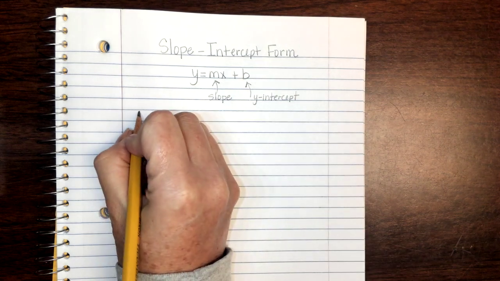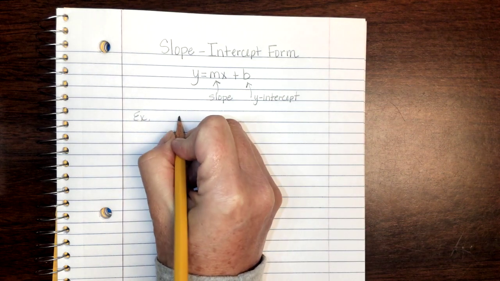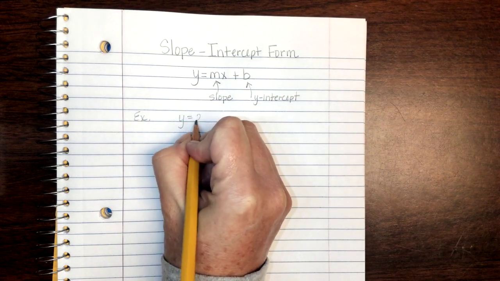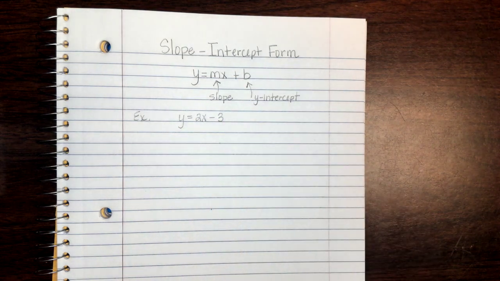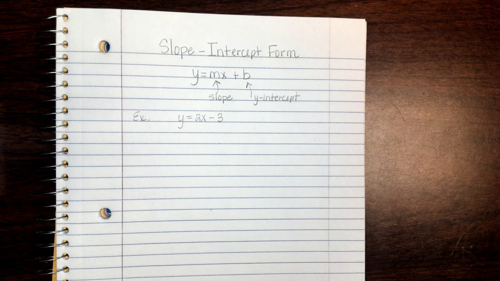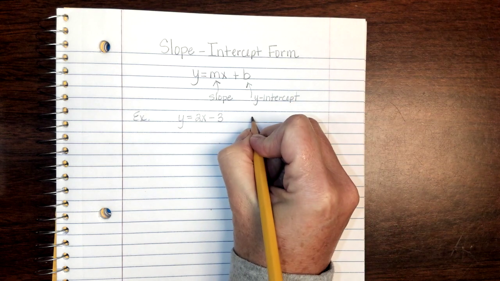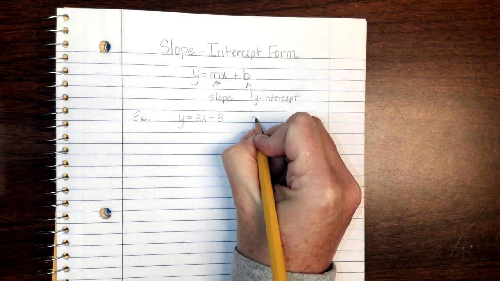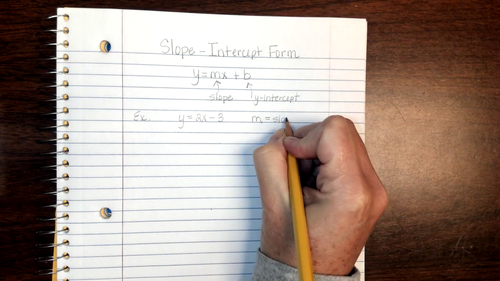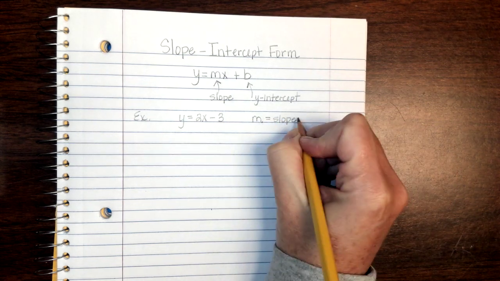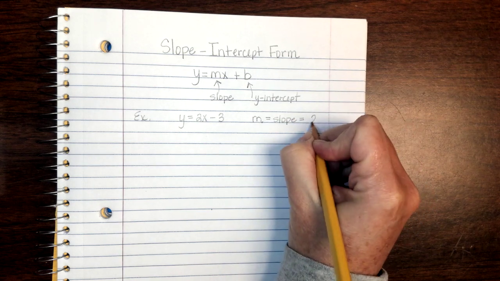So let's take for example, if I gave you the equation y equals 2x minus 3. If that were my equation, and it is in slope-intercept form, and I was asked to name the slope and name the y-intercept, then I would just say m, which is the slope, and you can call it m or you can call it slope, is equal to 2.